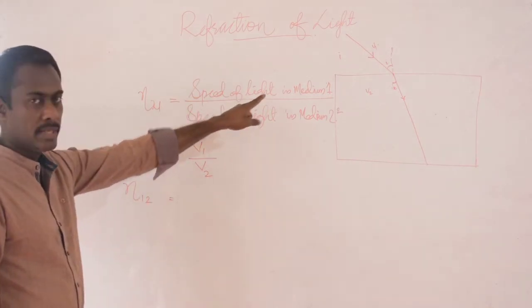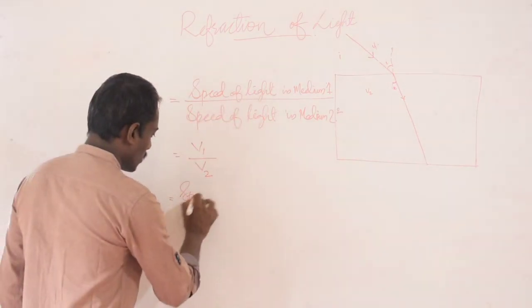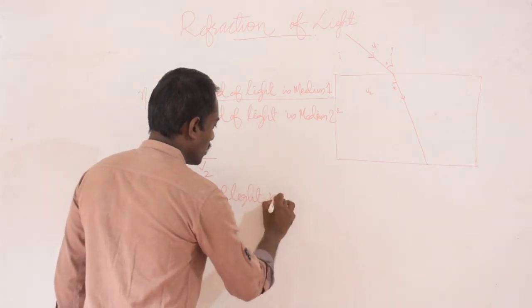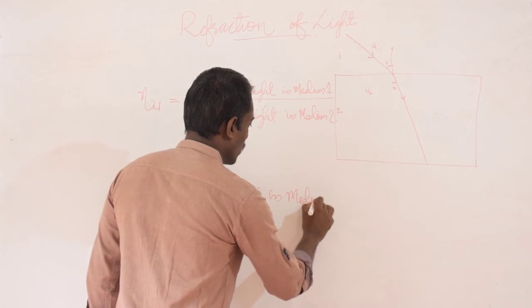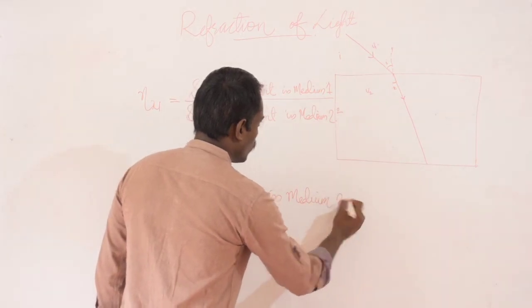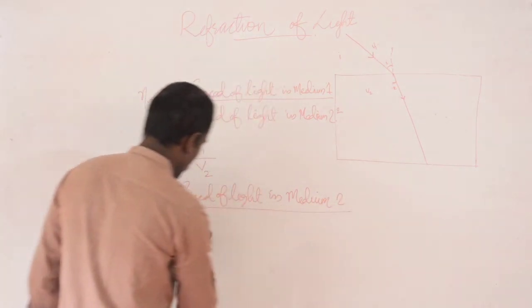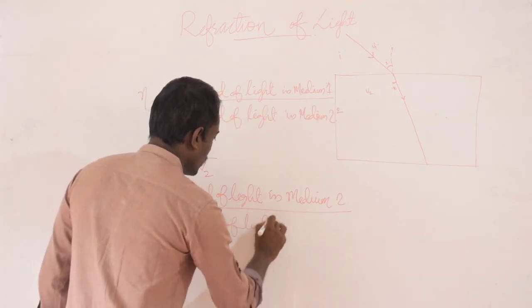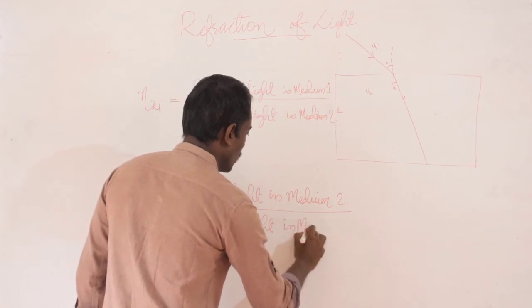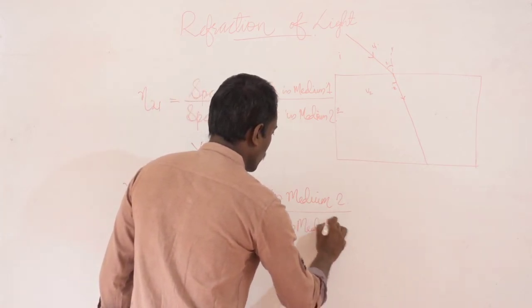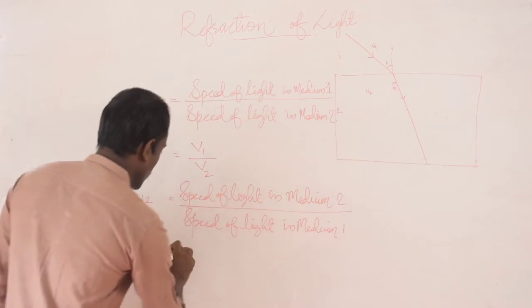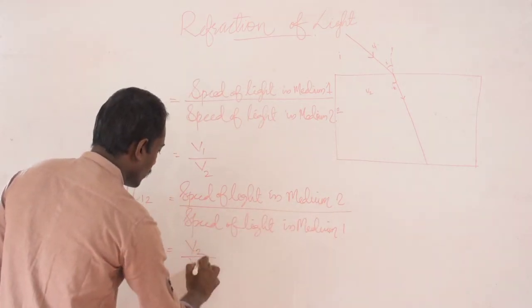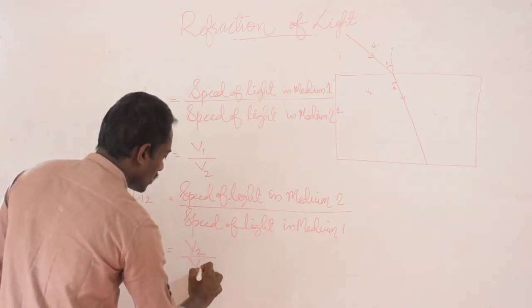That is the speed of light in medium 2 divided by the speed of light in medium 1. So that will be V2 divided by V1.